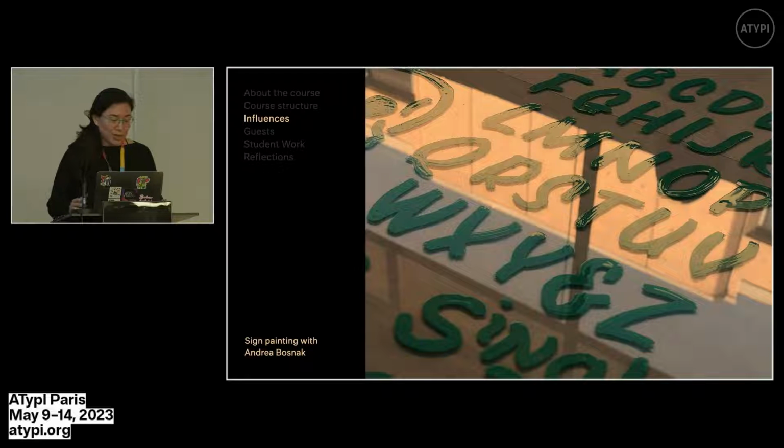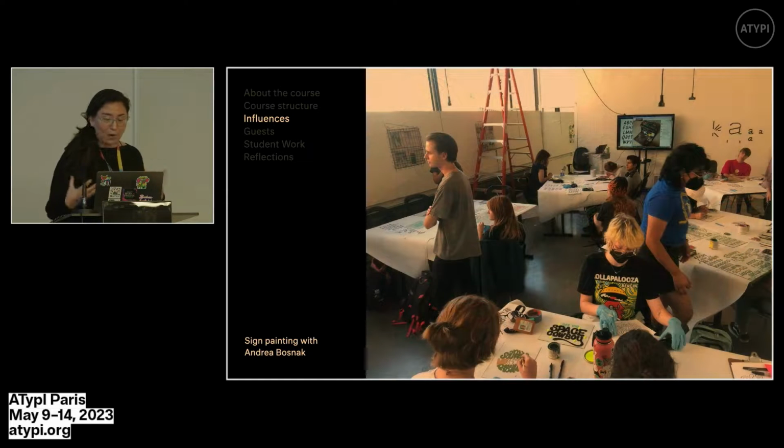In a sign painting workshop with Andrea Bosnak, a local sign painter, she was able to bring the vocabulary of how enamel paint and a brush and one's hand and arm and body relate to the surface of glass, which, to everyone's surprise, felt really different from painting on anything else.